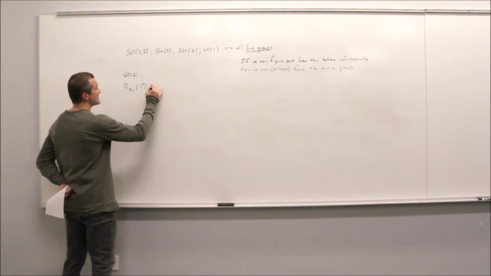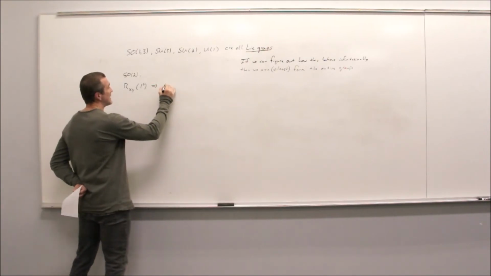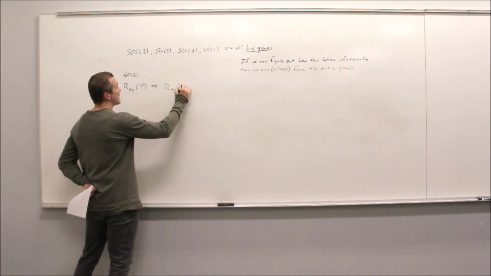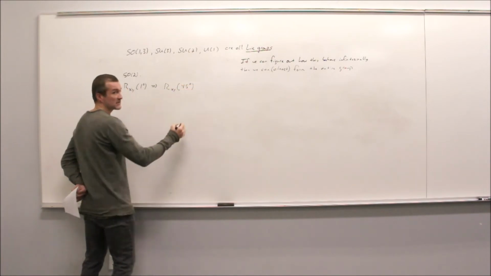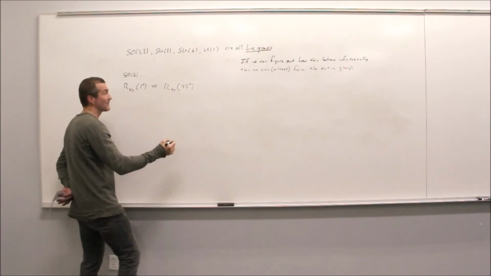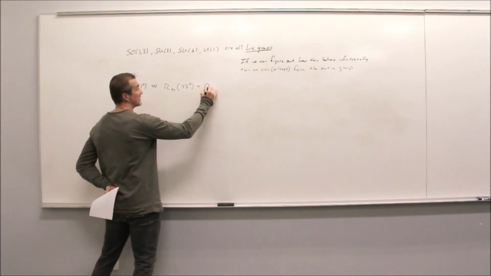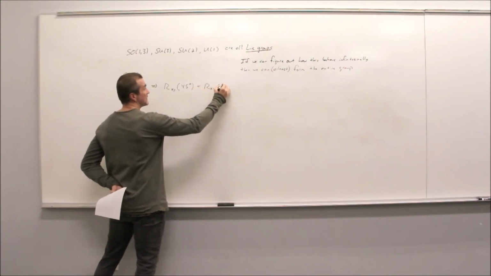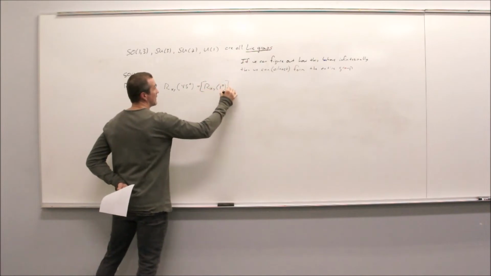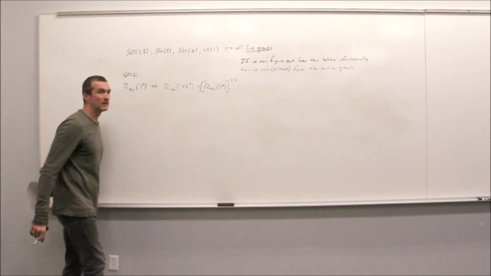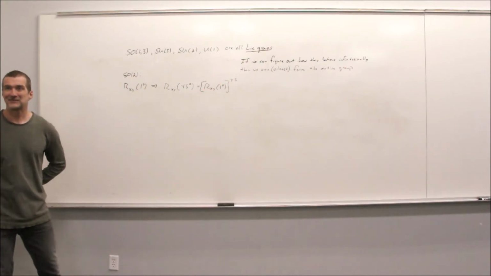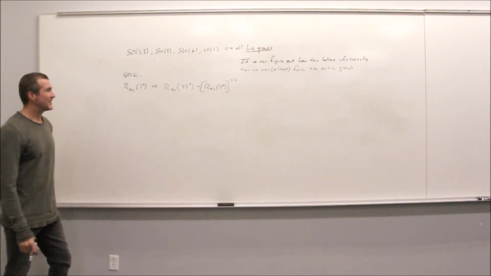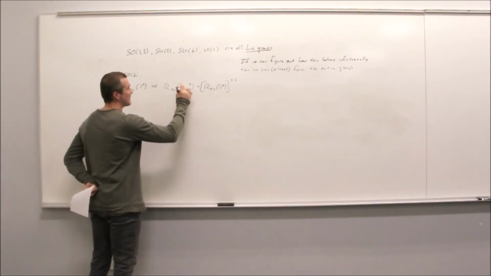And the beauty is that if you know how to do a rotation by 1 degree, then you automatically know how to do a rotation by 45 degrees. Right? What's a rotation by 45 degrees? It's a rotation by 1 degree raised to the 45th power. It's pretty sweet, isn't it? And then you could do 90 degrees.